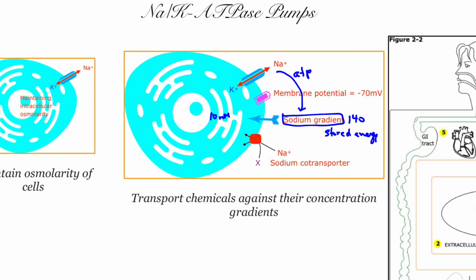Due to this gradient, sodium is going to try to enter the cell. It's favorable for sodium; it wants to enter the cell.